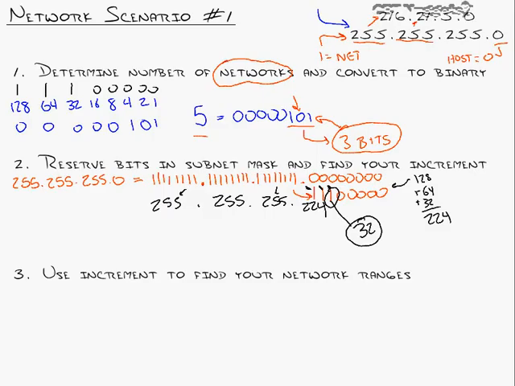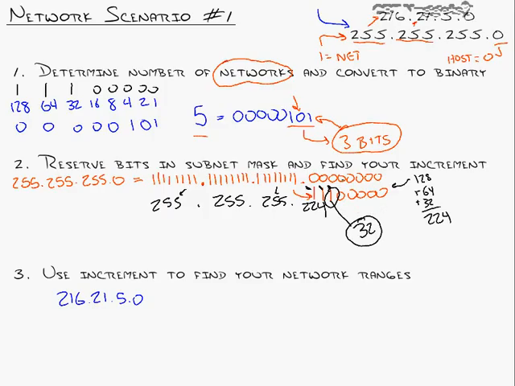So, I just changed my pen color here. Step 3, I'm going to take what I started off with, meaning the address that I purchased, 216.21.5.0, and then just begin adding my increment.